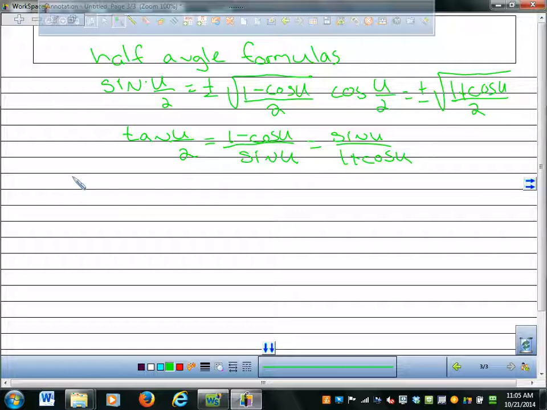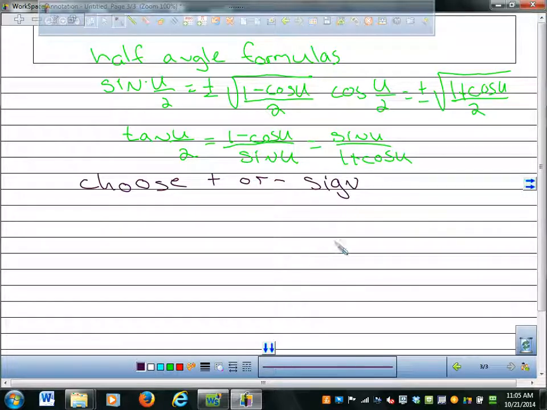Okay, so you see how there's a plus and a minus there. Okay, the key is, and this is where people get confused, choose the positive or negative sign. That's S-I-G-N, right?